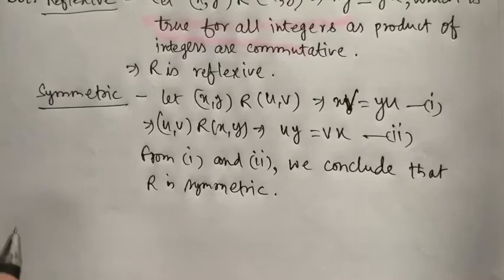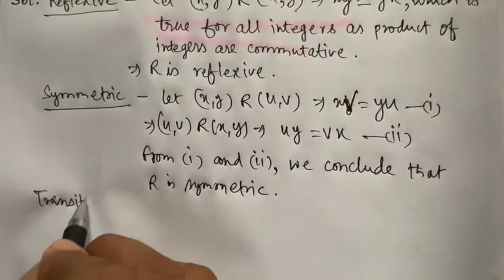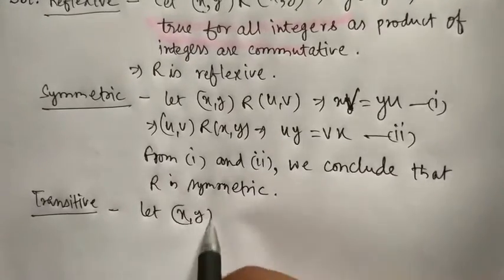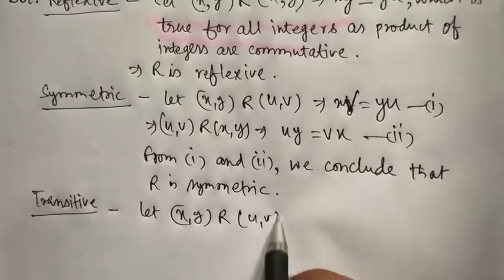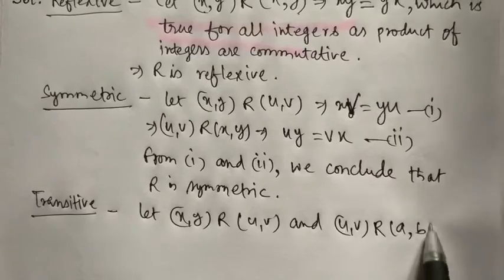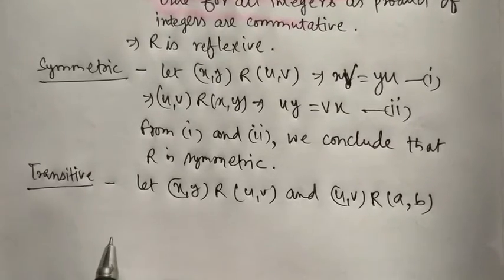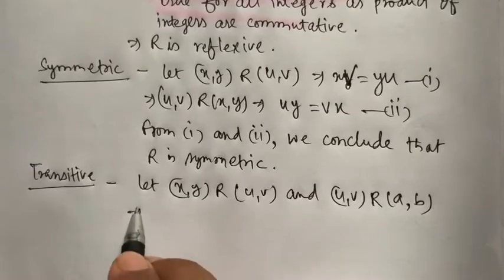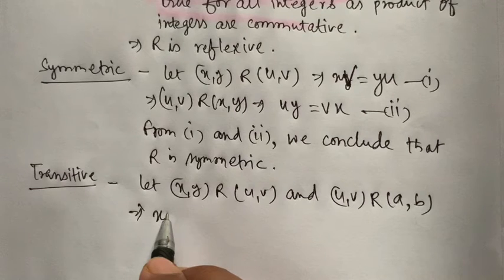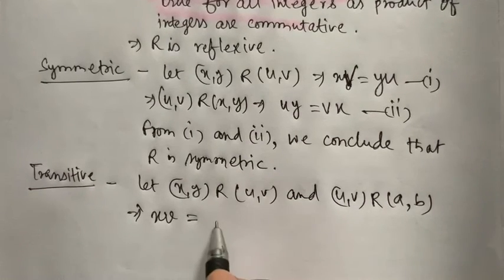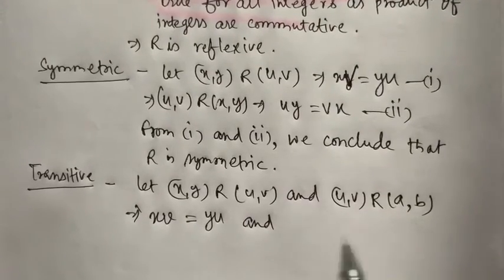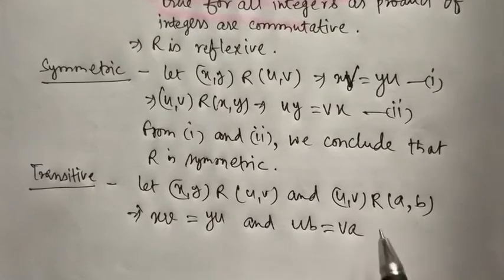Now, to show it transitive, we need to consider (x, y) R (u, v) and (u, v) R (a, b). Let us see how it works. By the definition of relation given here, it is xv is equal to yu, and from here it will be ub is equal to va.